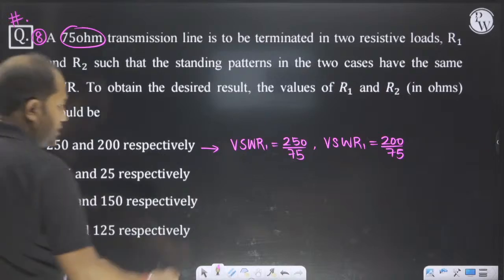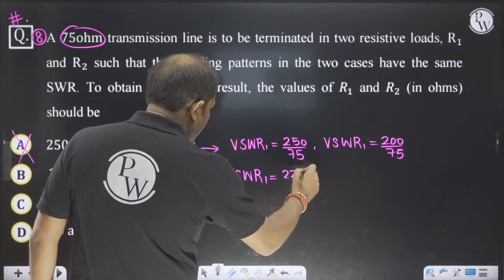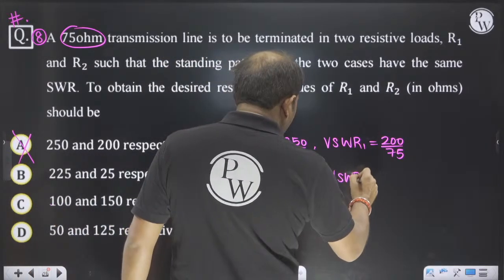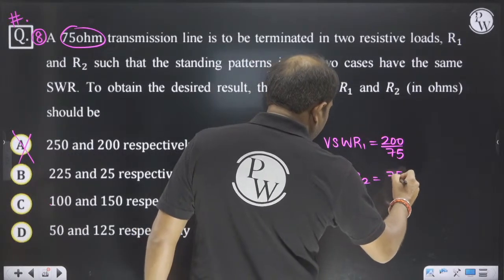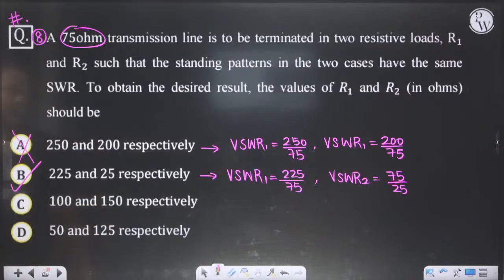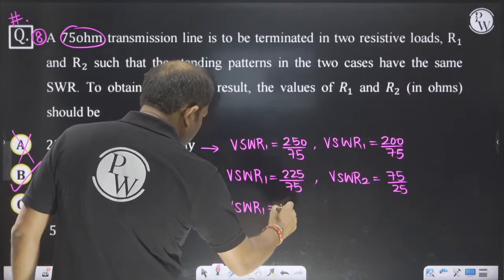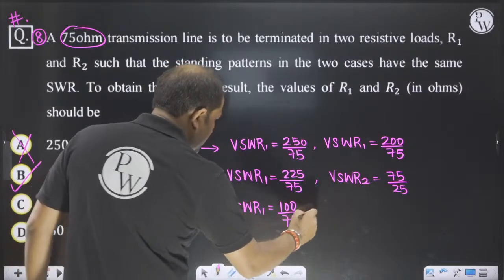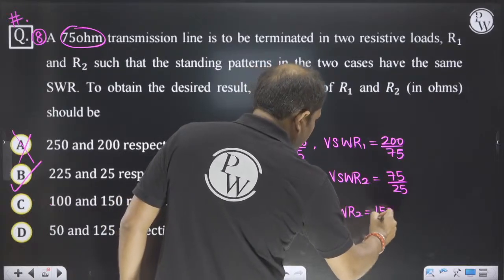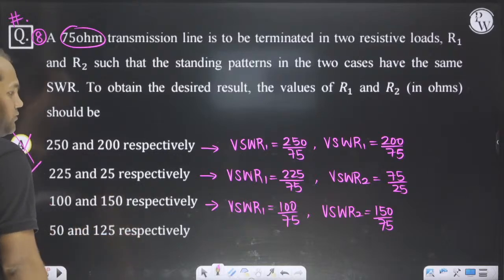For the second option, VSWR1 is 225 by 75, because 225 is greater than 75, and VSWR2 is 75 by 25. Both have the same VSWR, so it is correct. For 100 by 75 and 150 by 75, the VSWRs are not equal, so this one is also wrong. Then we have 50 and 125.